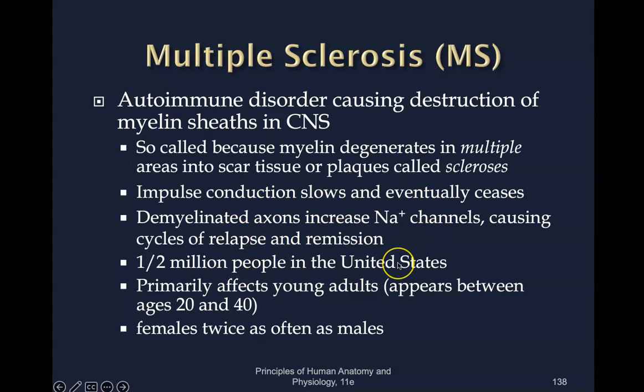It's about 500,000 people in the United States that end up with MS, and it primarily affects young adults, usually between the ages of 20 and 40. Interestingly enough, most of my patients can actually pin down what they think their trigger was for their autoimmune disease.